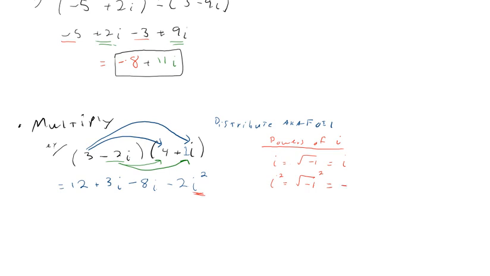So i squared makes -1. i squared turns into -1. So we're going to cross out this i squared and say it's really a -1. i squared is really a negative 1.